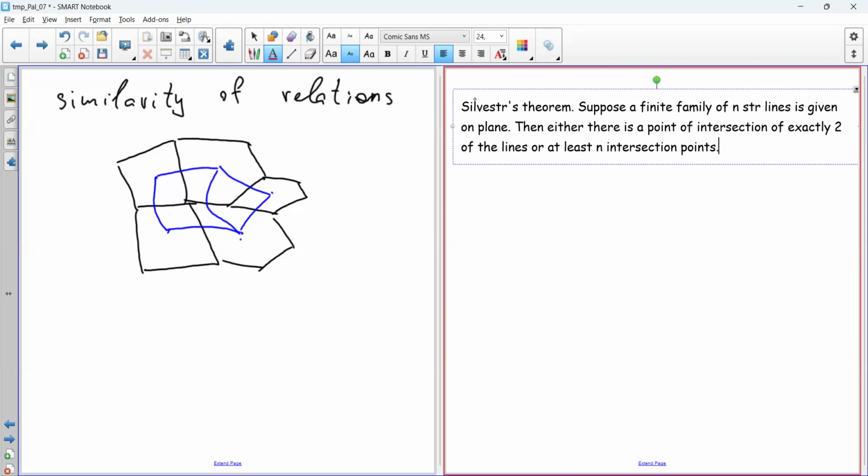If I'm not mistaken, let me double check, and you can try solving it, like try finding some ideas about such a situation.